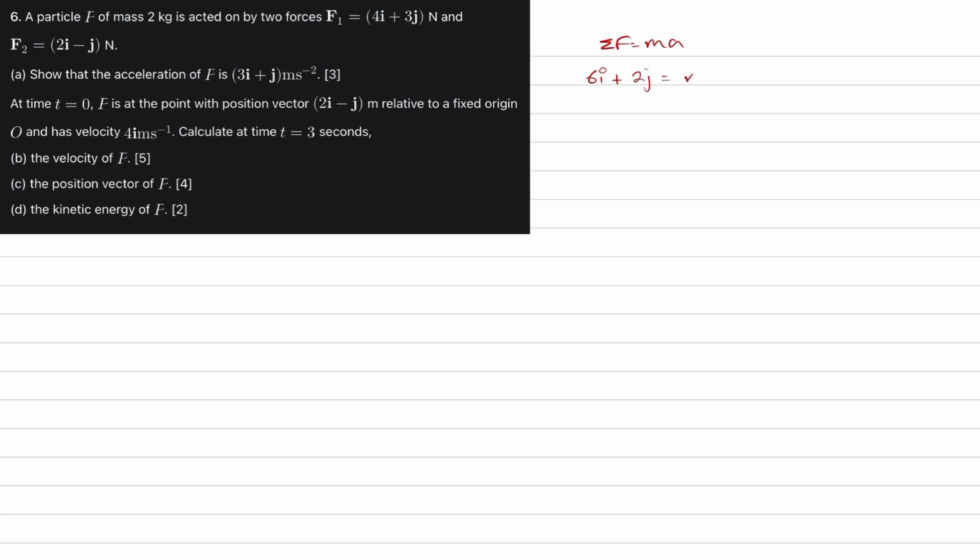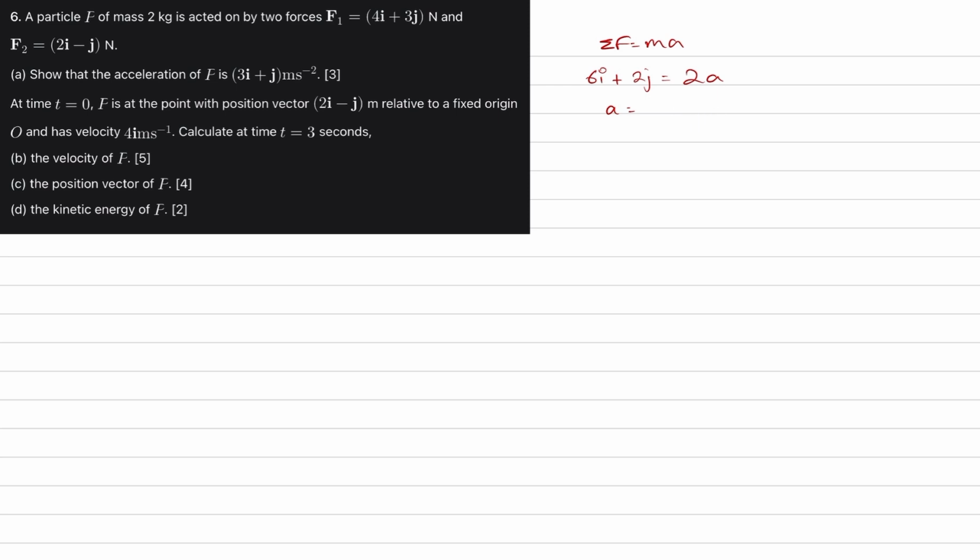Okay, this is equal to mass times acceleration. We do know the mass. The mass is 2, so 2 times a. Now divide both sides by 2, or more appropriately, multiply both sides by half, because writing it down like 6i plus 2j divided by 2 doesn't exactly look right to me.